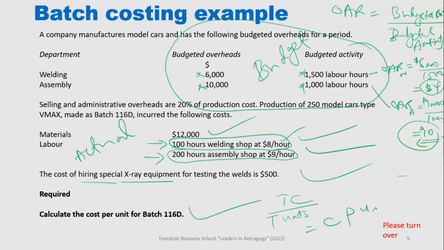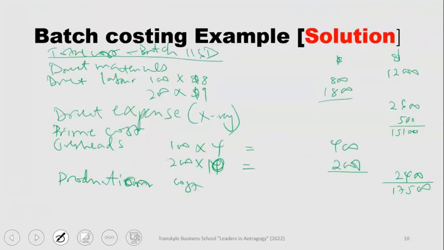The selling and administrative overheads are 20% of production cost. We just worry about those ones for now.